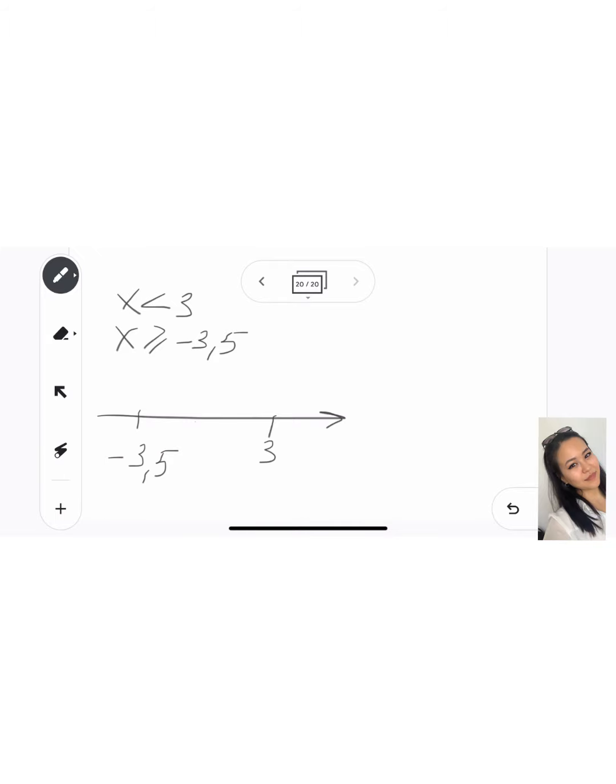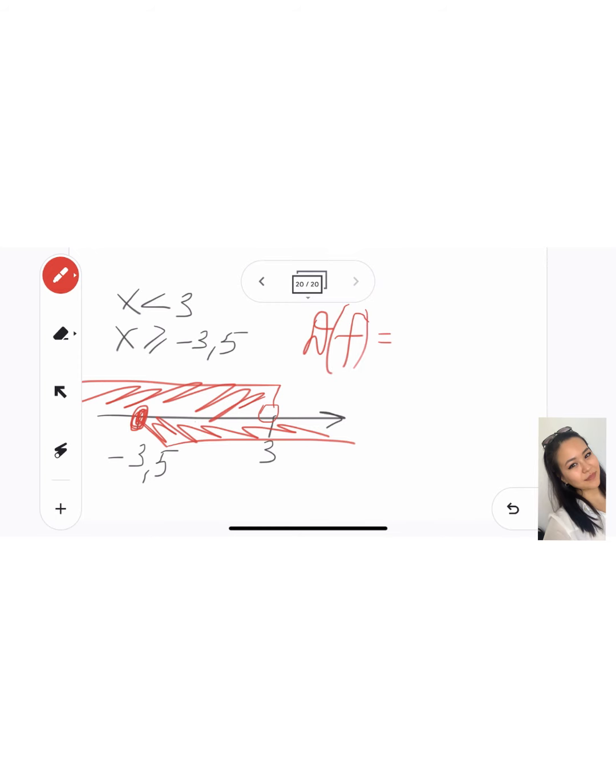We will show it by painting the intervals. Negative 3.5 is inclusive, that's why I'm painting the inside of this dot, and I'm not painting the inside of 3. So the domain will be the intersection of these two paintings. So it should be negative 3.5 inclusive to 3, not inclusive.